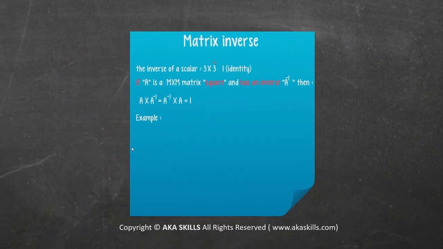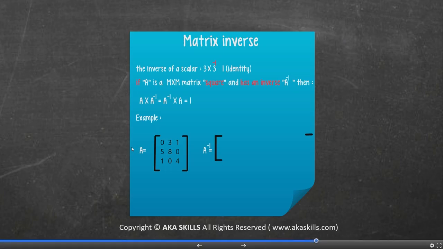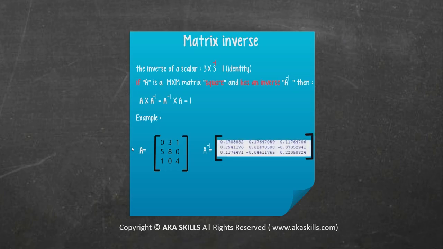For example, A equals this matrix, and so A inverse equals, how do you calculate this? I know how to calculate it, but it takes a long time. Here is the result. You're going to say, how did you do that?